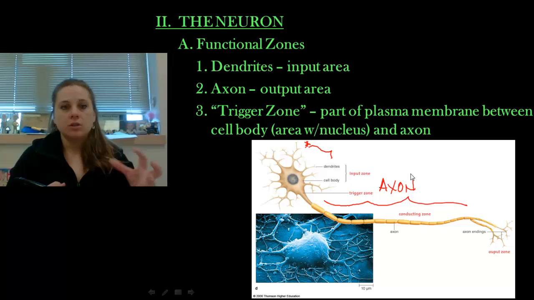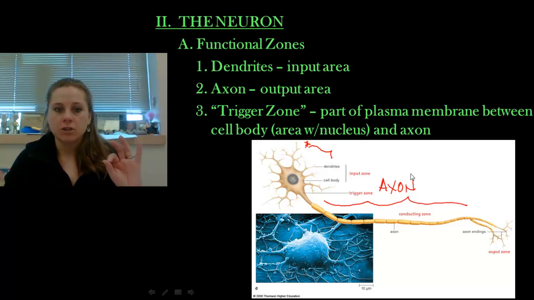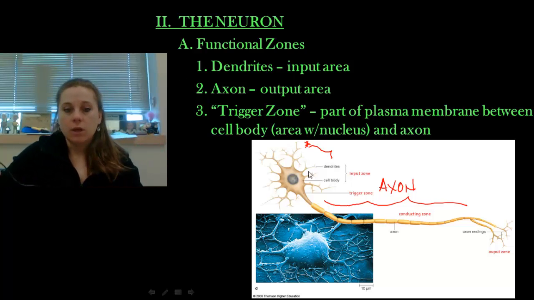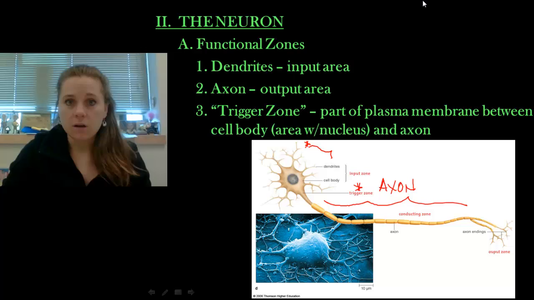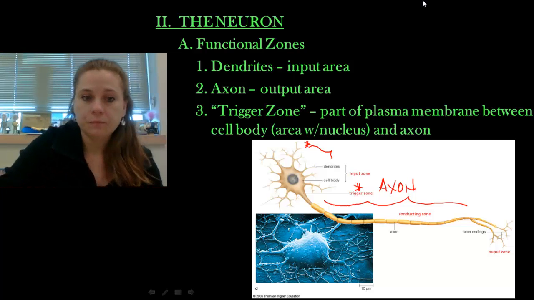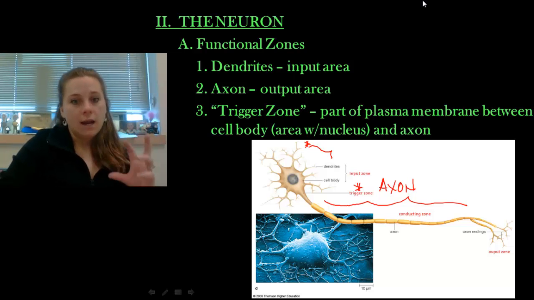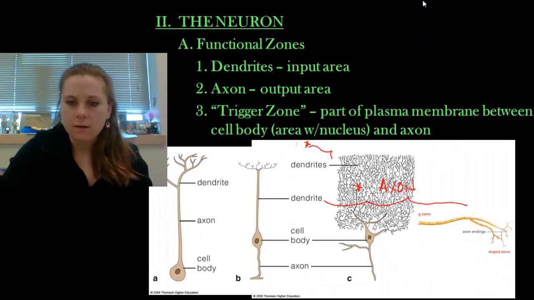It's the location where the signal that the dendrites get has to be strong enough to literally trigger a chain reaction down the axon. If the signal isn't enough to, in essence, hit the trigger zone with enough juice, there's going to be no signal down. So it's that area that gives the sense of, was that enough information or not?